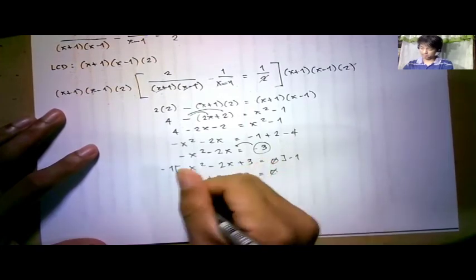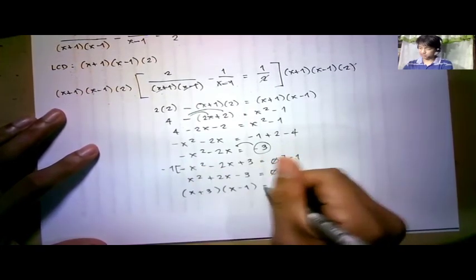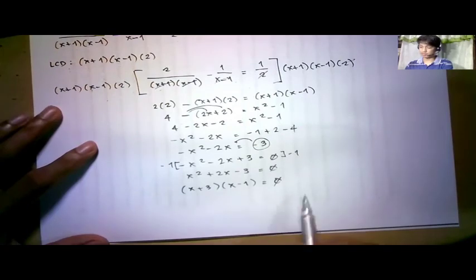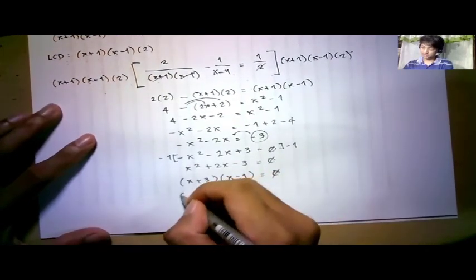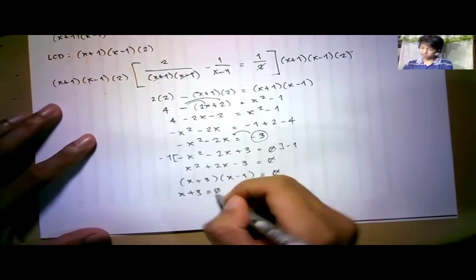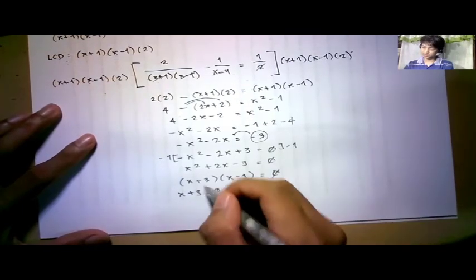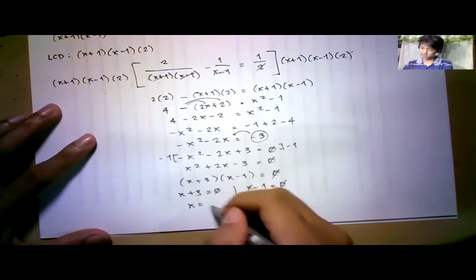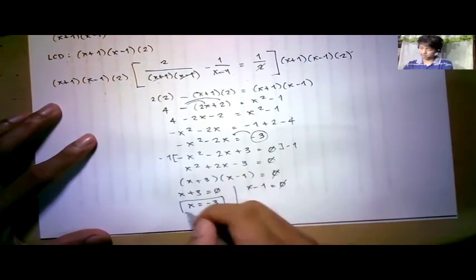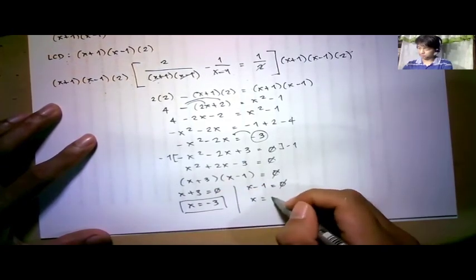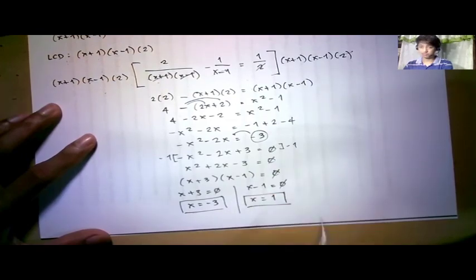Just copy x. And then equate each factor to 0. So x plus 3 is equal to 0, and x minus 1 is equal to 0. So transpose: x is equal to negative 3, and x is equal to positive 1.